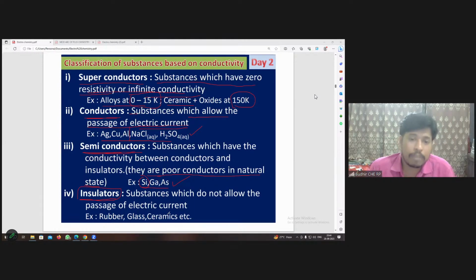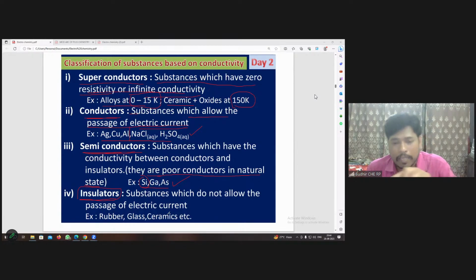Some rubber or plastic material is coated on the bunch of electrical wires, right? So why do we give that plastic or rubber coating on the electrical wires? Because these types of materials do not allow the passage of electric current through them.